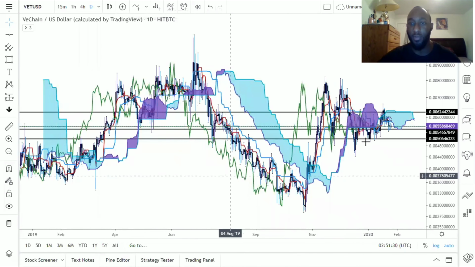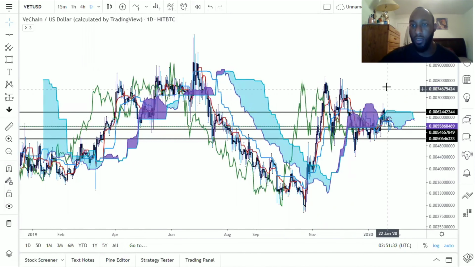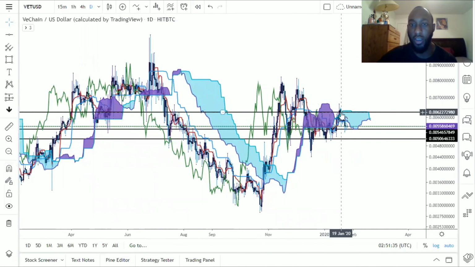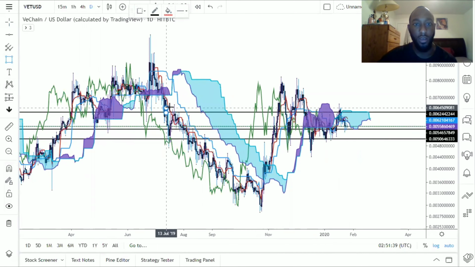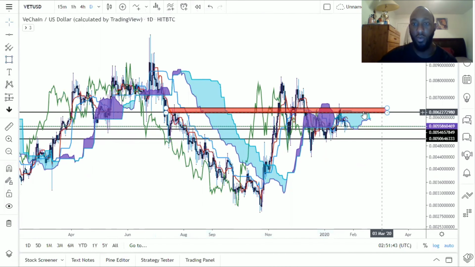So if we look back in the past at these areas, we could see that right here, if we zone it, price respected this area here.